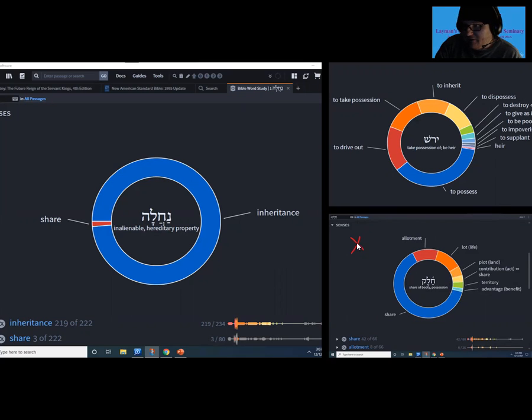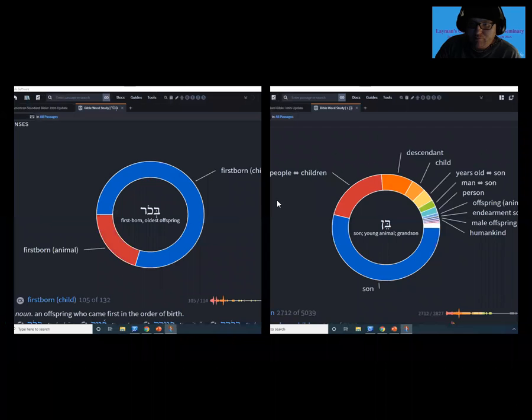Well, Kalek is not in Exodus, so we won't be discussing this word, but we will be discussing Yarash more, as well as Nekala, and also the verb form of this word, Nakal. So here we go. We will also be discussing the word for son, Bain, and Bekor for the firstborn, or the oldest.